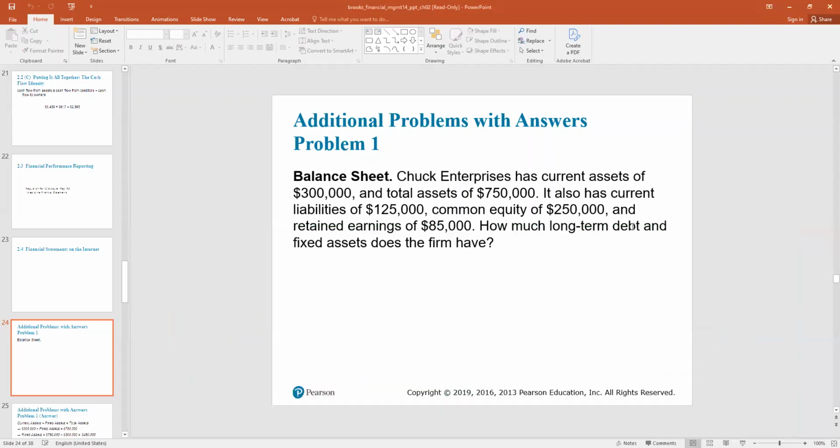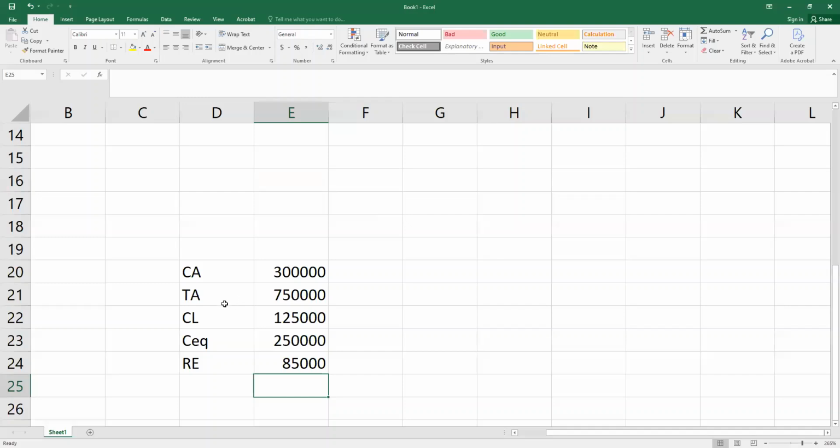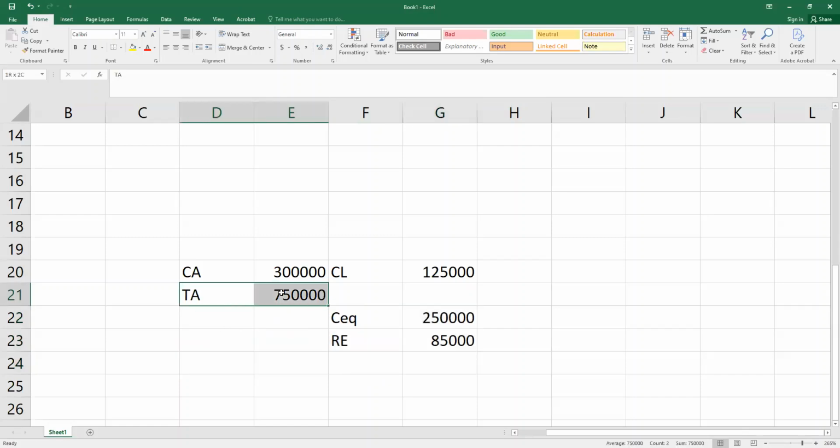Now I'm asked to calculate long-term debt and so on. So basically, I'm just going to construct it. I'll put the current liability on this side, and these values I'm going to put here. And total assets I'm going to put here.